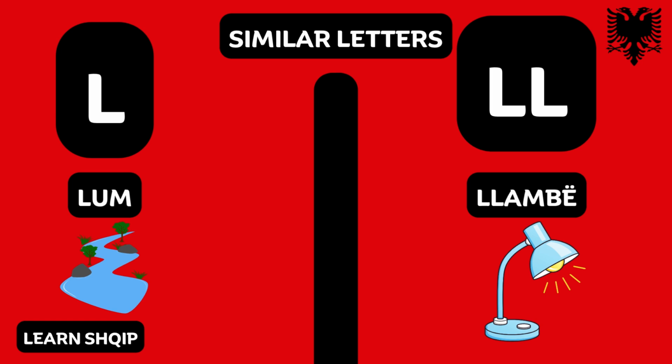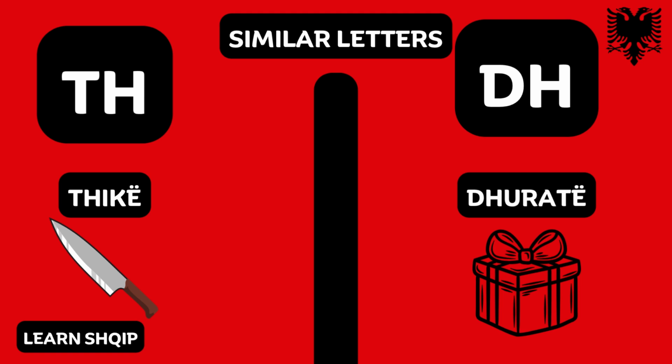And then we have letter T plus H and then D plus H. Remember that even though these contain two letters, they are considered as one. The T plus H, you are going to pronounce it this way: th.